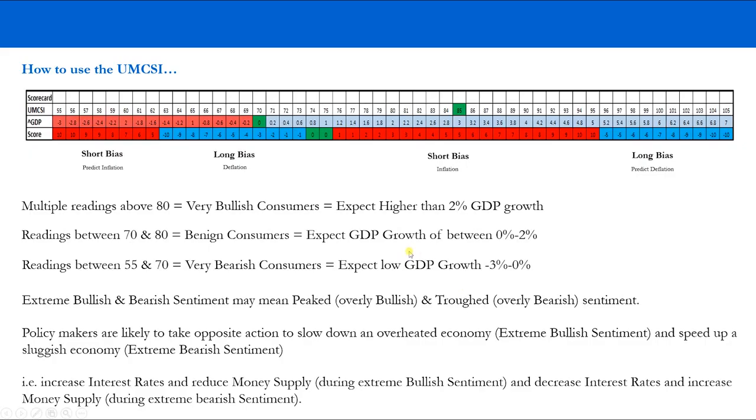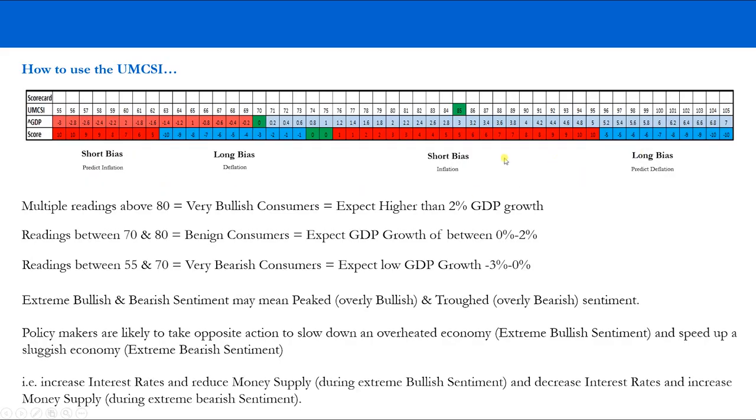So there's various ways in which they can act. They can use interest rates and money supply, and they can be increased in order to create deflation. So interest rates increase and money supply decreases. Or they could do the opposite to create inflation, which is to decrease interest rates and increase money supply.